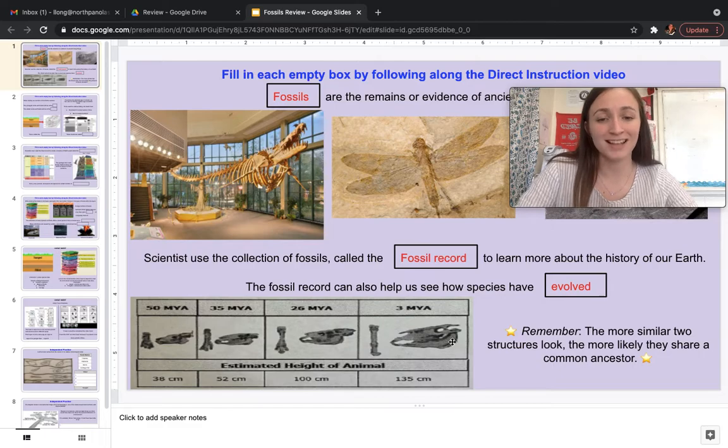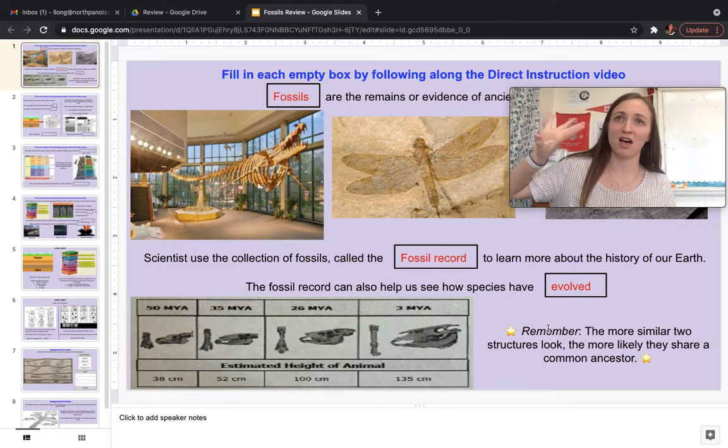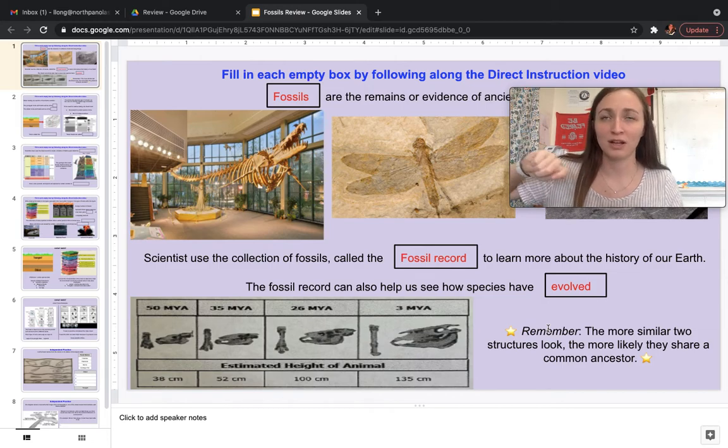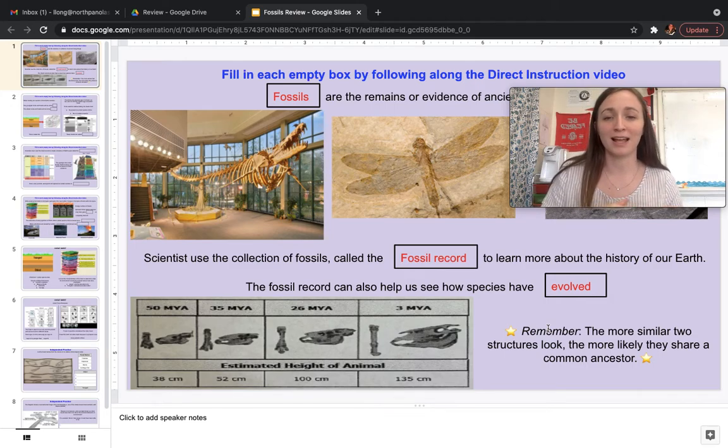Just as a reminder, also if you're looking at two structures from two different species, so let's say you're looking at the fossils of a lizard compared to another type of lizard, the more similar two different species look when you're looking at their bone structure or their fossils, the more likely they are to be related or share a common ancestor.